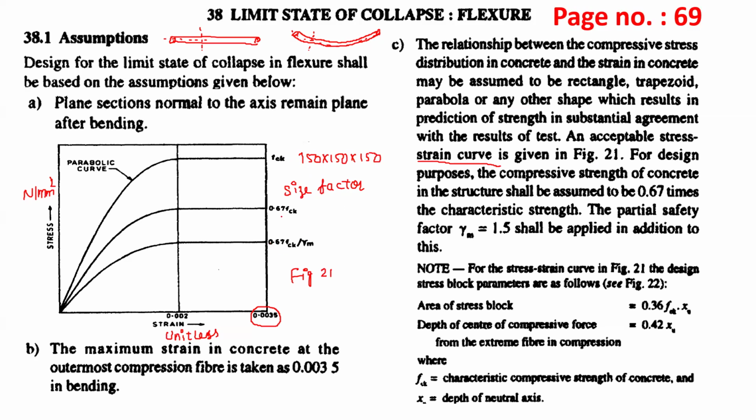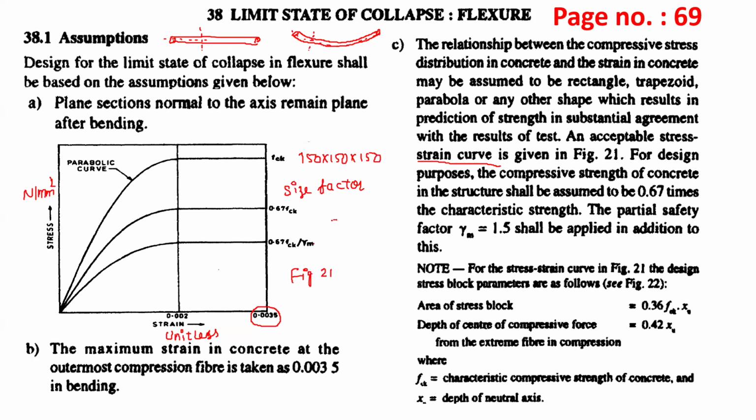And then we apply the partial safety factor. We know that always for materials, we have to divide by the partial safety factor, and for loads, we have to multiply loads by the factor of safety. That is most important.